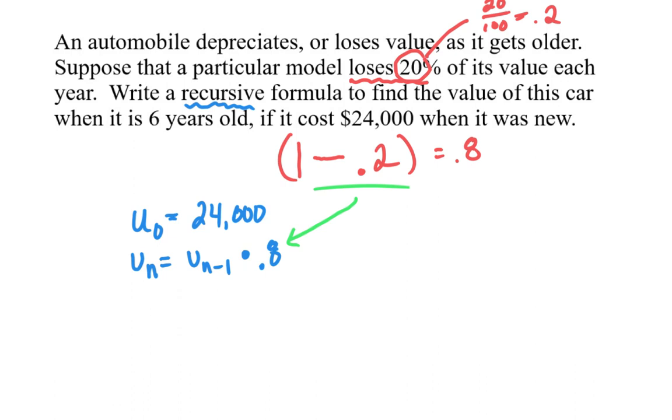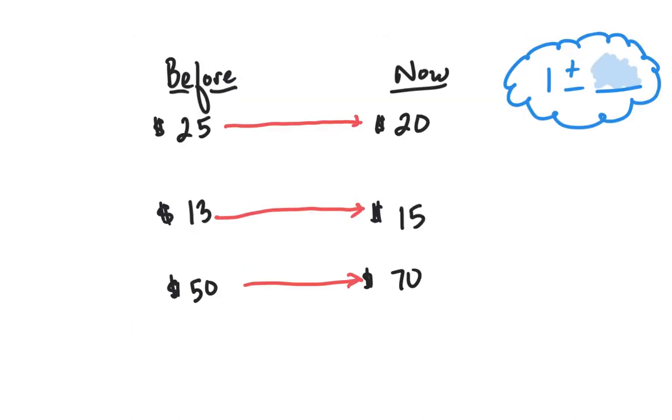But let me show you one other way we can use this idea. We're going to figure out what the percent increase or decrease was from my little table here of before and now values. Now, remember, we're always beginning with 1. 1 means it maintained its value.